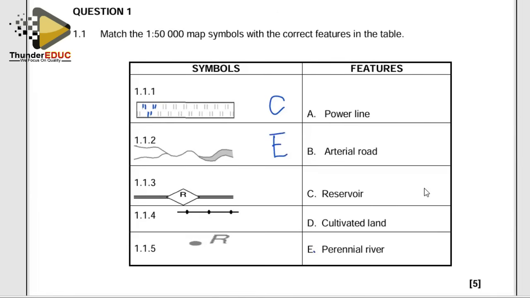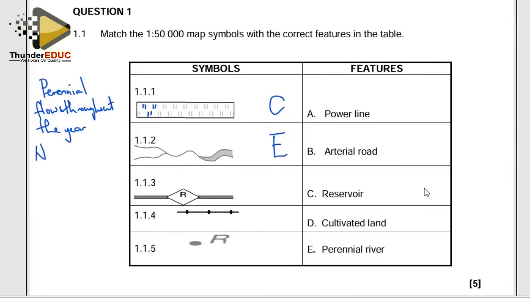I would also want to emphasize the difference between a perennial and a non-perennial river. A perennial is a river that flows throughout the year. It is not affected by seasonal changes.